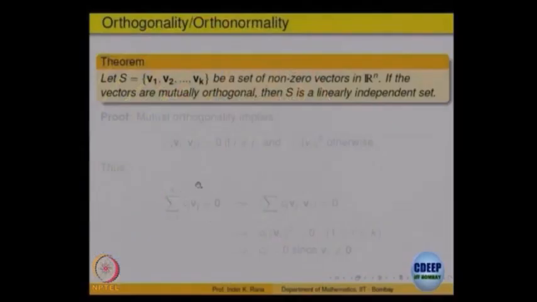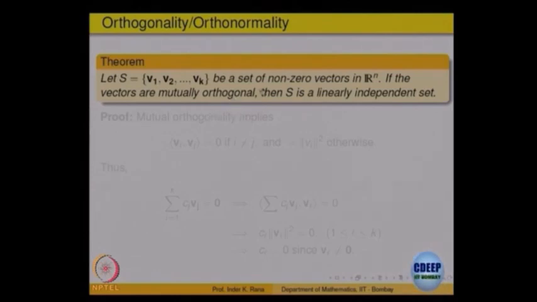And the advantage I have already shown you. If they are orthonormal, I can compute the coordinates very easily.